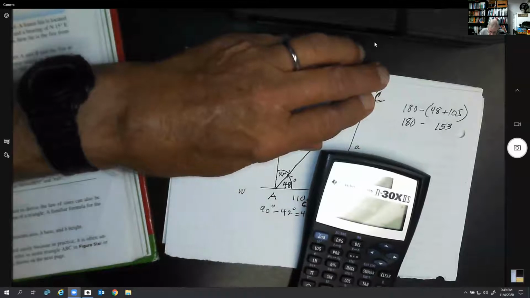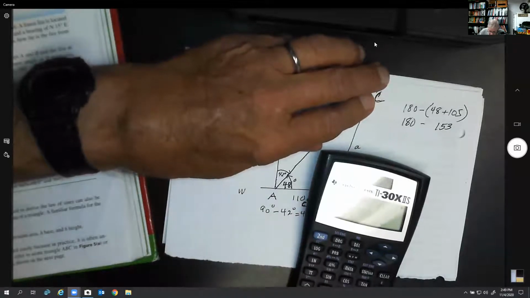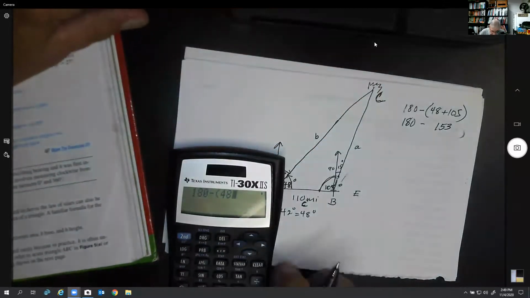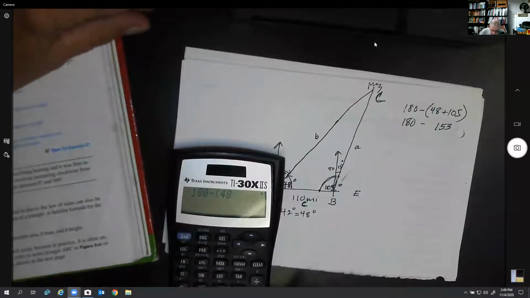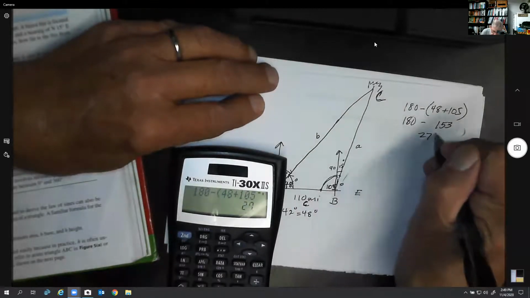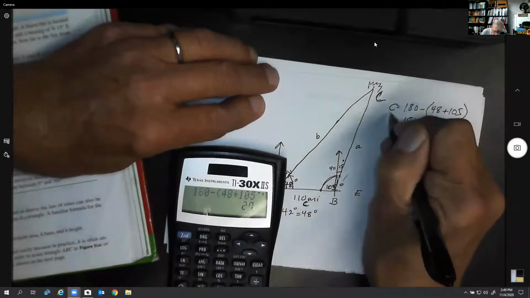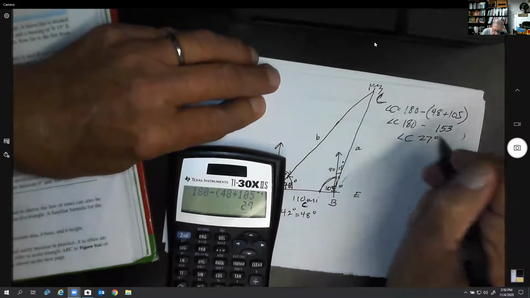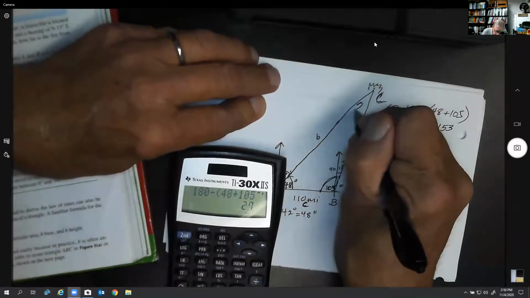Sometimes my math isn't as accurate as I want it to be. Plus 105. 27 degrees, yeah. I'm going to label this so I know. So angle C is now 27 degrees.